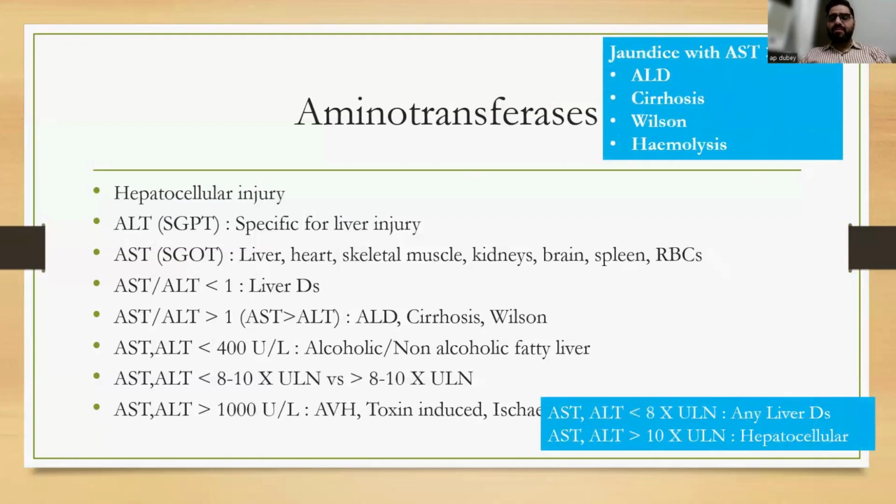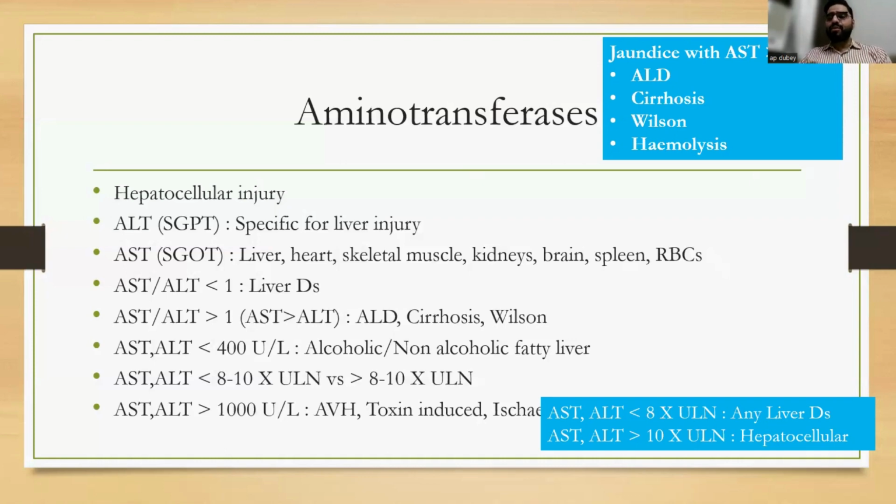So the takeaway message from this slide is that in most of the liver diseases, ALT will be more than AST, but only in a few diseases like alcoholic liver disease, end stage liver disease like cirrhosis, and Wilson's disease, AST will be more than ALT. And also in any sort of hemolysis, because in RBC, AST is present.